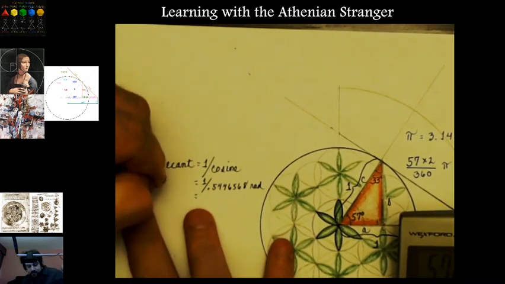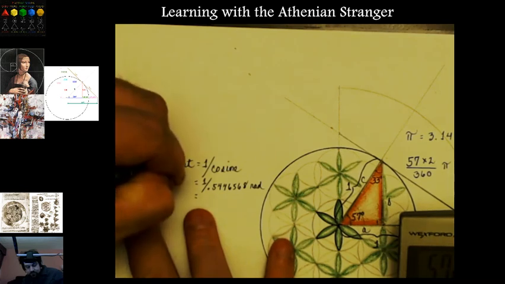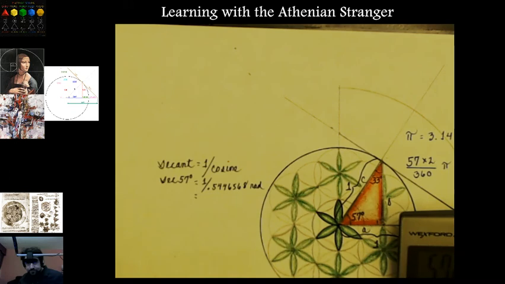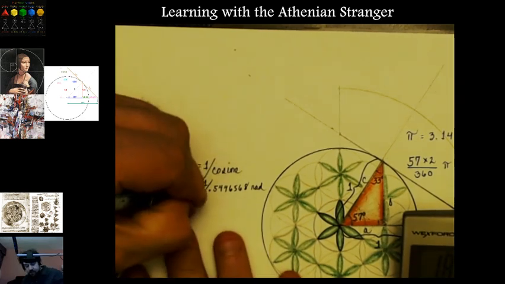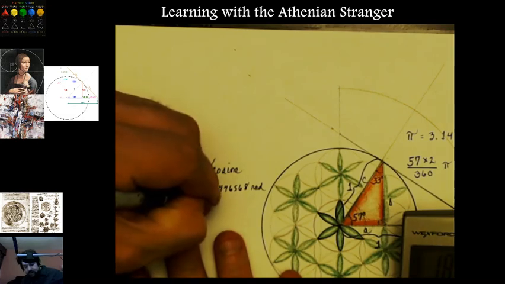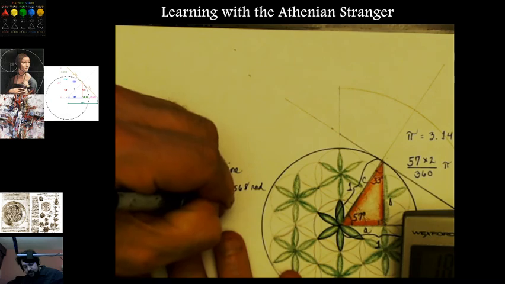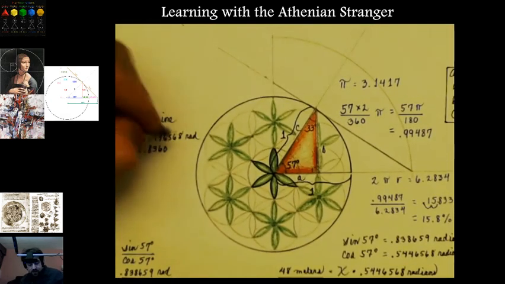So I'll say secant 57 degrees, 1 divided by 0.5446568 gives me 1.8360 radians.